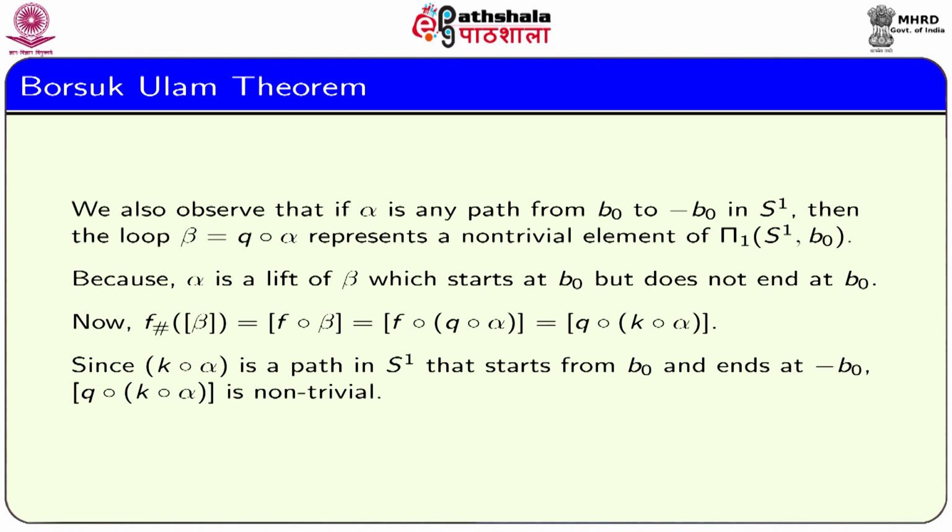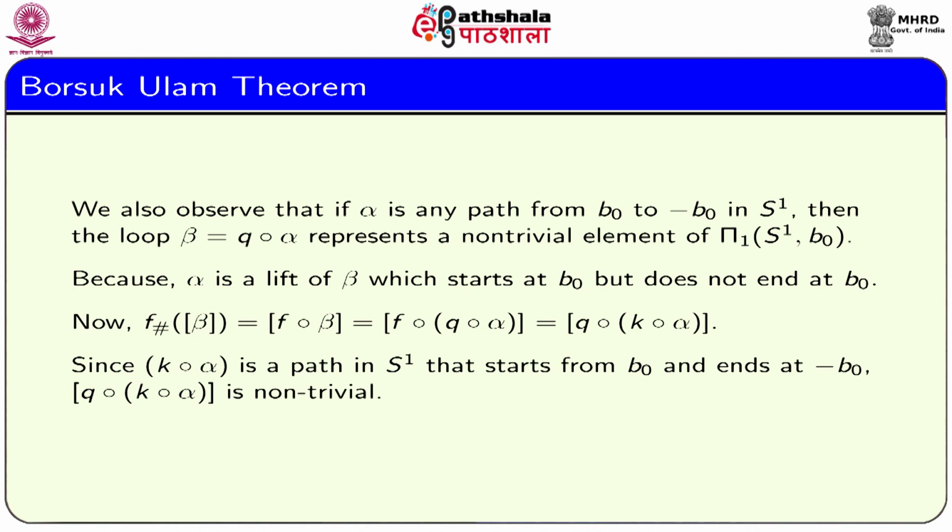Now, class beta, when plugged into the expression of f sharp, is equal to class of f composed beta by the definition of induced homomorphism, and that comes out to be equal to class of q composed k composed alpha.